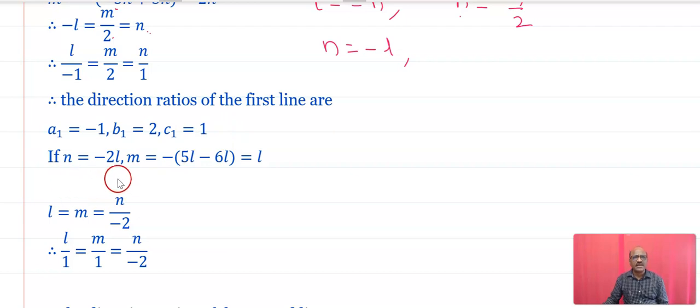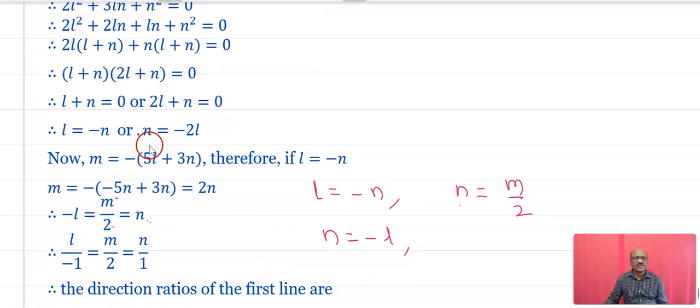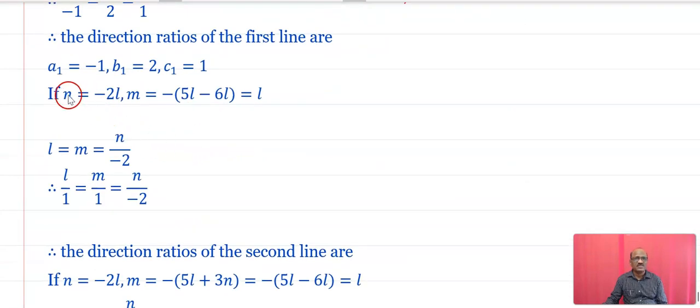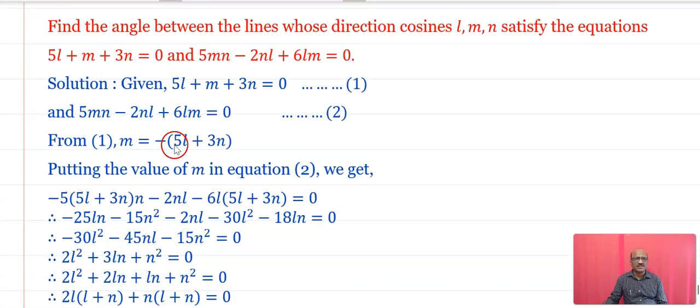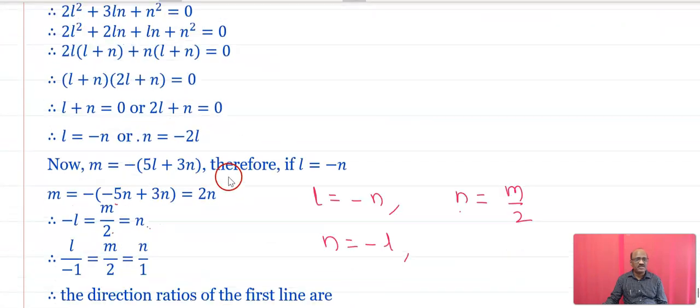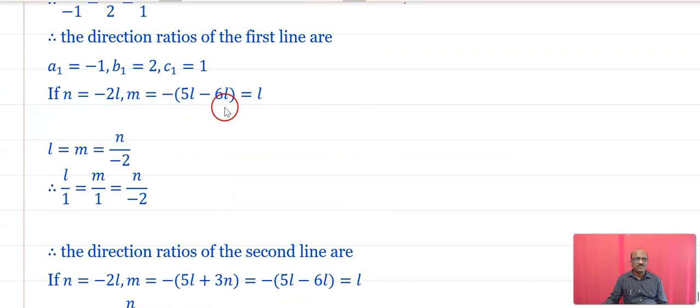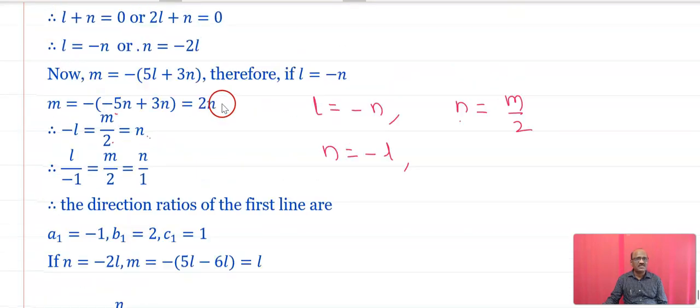Now next is n equals minus 12. If we take n equals minus 12, then what about the m? Again the value of m from the start: m equals minus 5l plus 3n. If we substitute the value of n, you will get minus (5l minus 6n).